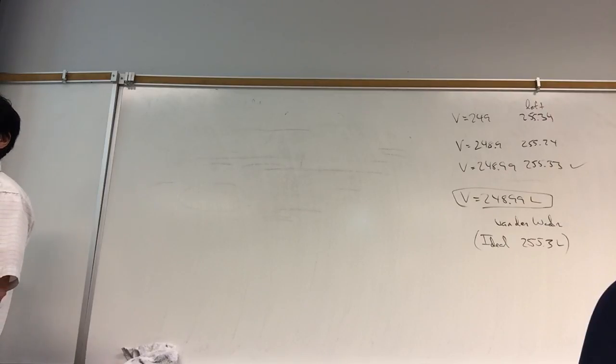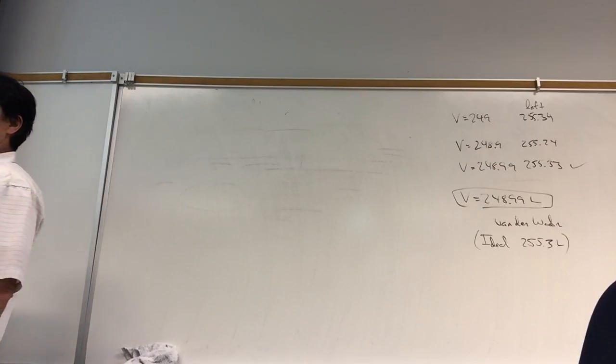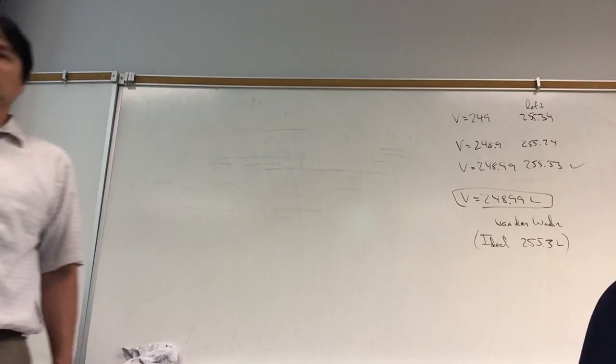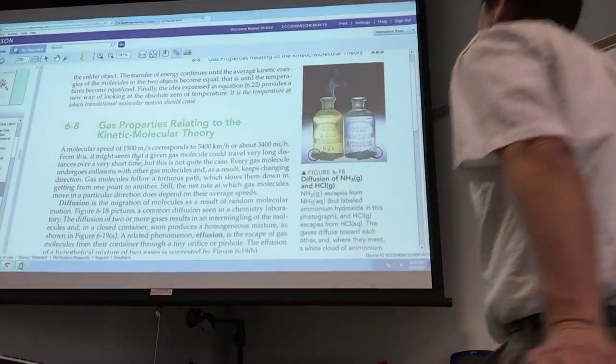Somebody must have complained, because is a bottle of this mostly ammonium hydroxide or mostly ammonia? Mostly ammonia. Ammonia is a weak base. Weak bases do what? Partially hydrolyze in solution.